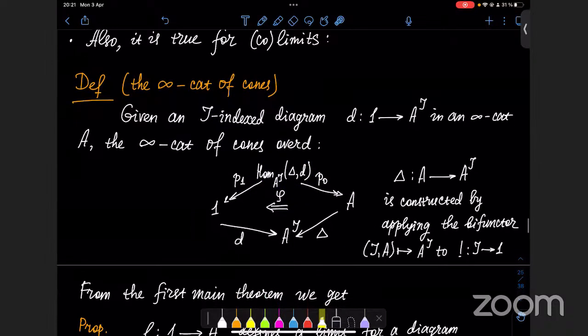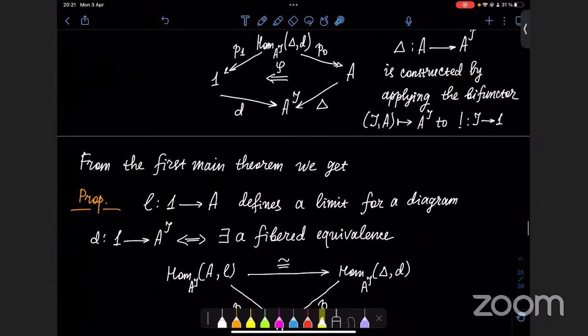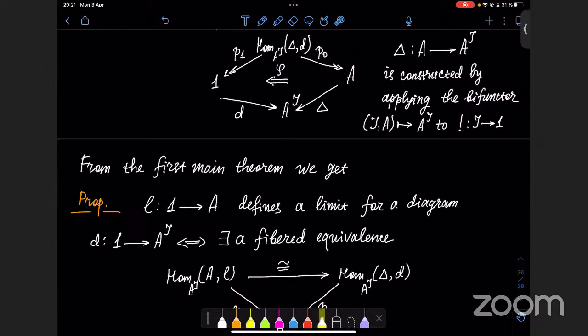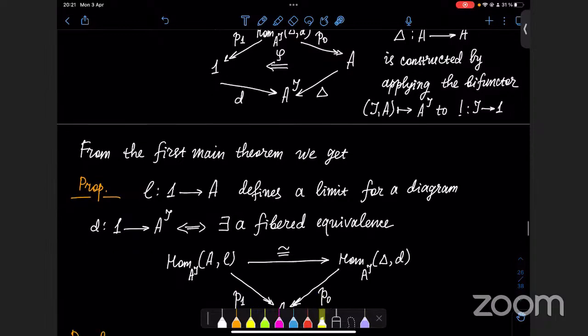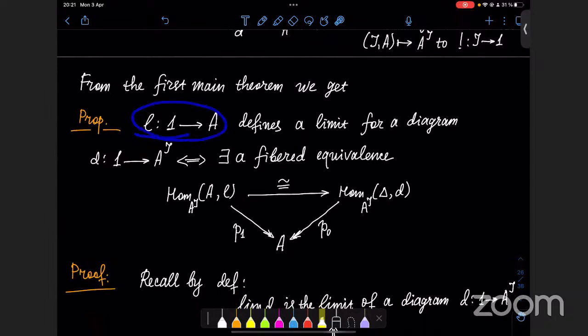The consequence of the first theorem will be the following proposition. The generalized object L in infinity category A defines a limit for a diagram D if and only if there exists a fibered equivalence like this.